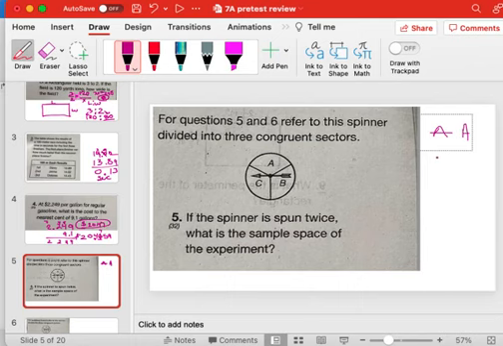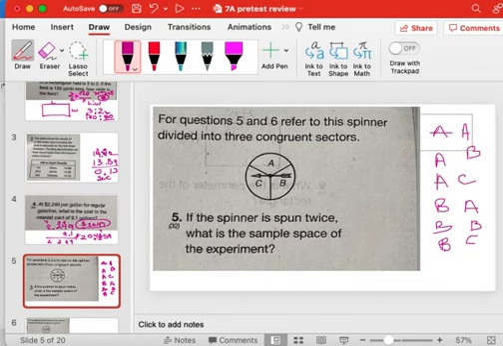When I do these, I like to keep all the first the same to start with. We could have AB. We could have AC, right? Then we're going to change the A on the first one to a B. The first spin could be a B, and if it was a B, then the second spin could be an A or a B or a C, right? So we could have BB, BC.